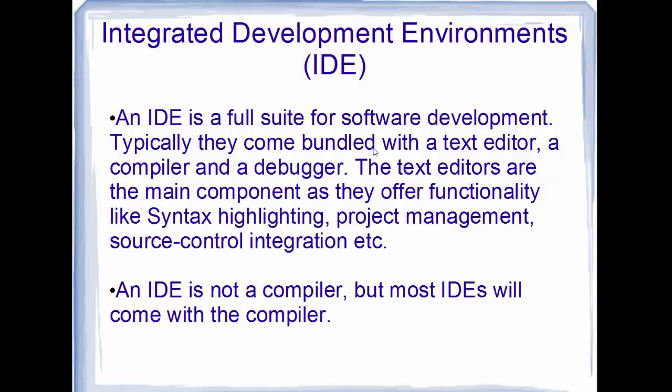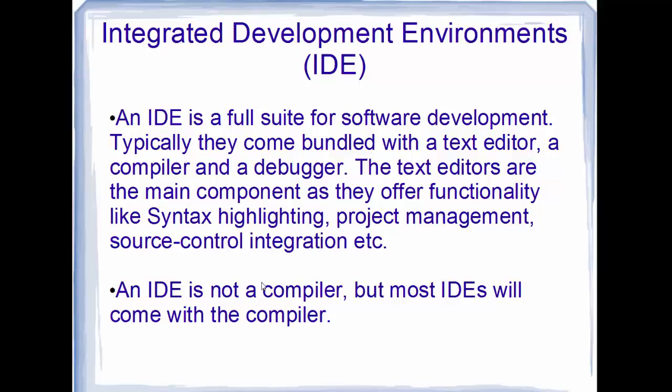The text editor is the main component, as it offers functionality like syntax highlighting, project management, and source control integration. And remember, an IDE is not a compiler, but most IDEs come with a compiler.